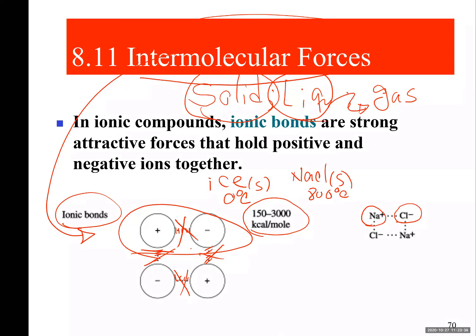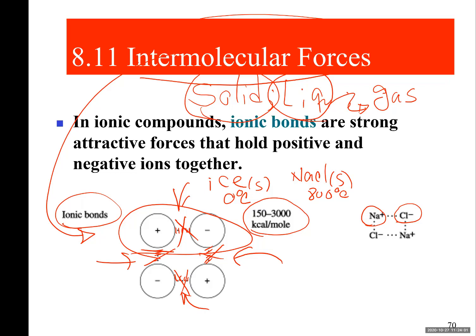They move around each other. They have enough energy. So breaking a bond needs energy. That's why melting is going to need heat. The stronger the bond between particles of a solid, the more heat you need.